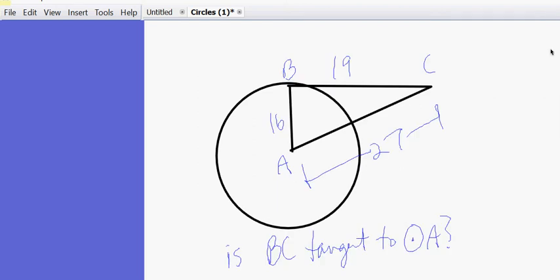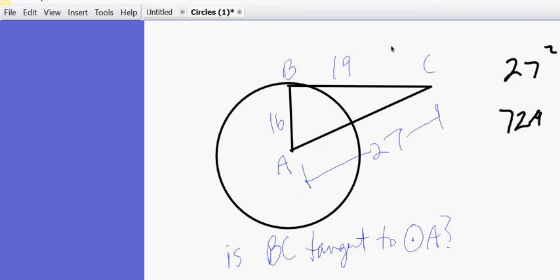Okay, do the same thing in this problem. Confirm whether this is a right triangle or not. If it is a right triangle, we know that angle ABC, or angle B, is a right angle. So 27 squared was what? 729.